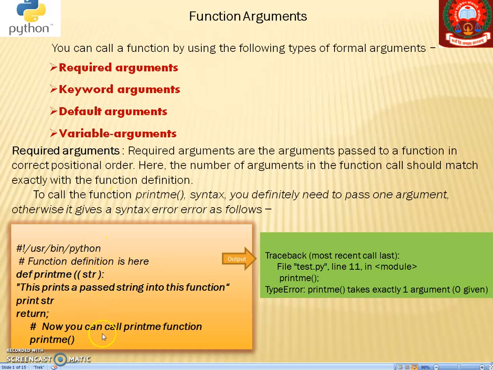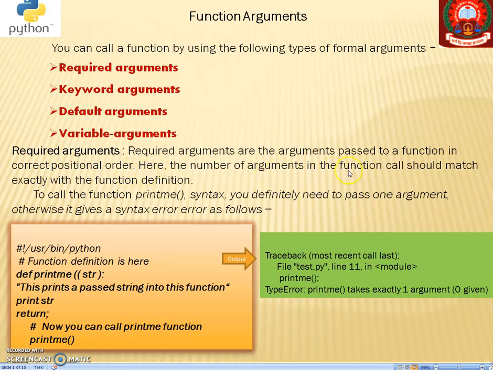I have written an example here, but if you go through the literal meaning, a required argument means that when you call the function, if the required arguments are not available for calling, it will give you an error. The same example is given here: required arguments are the arguments passed to the function in the correct positional order.